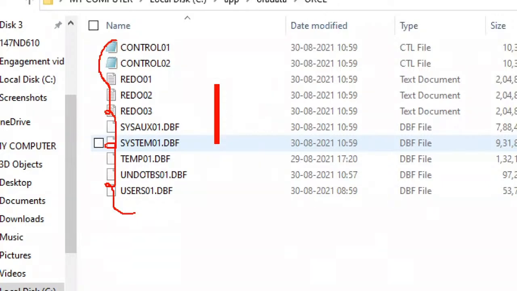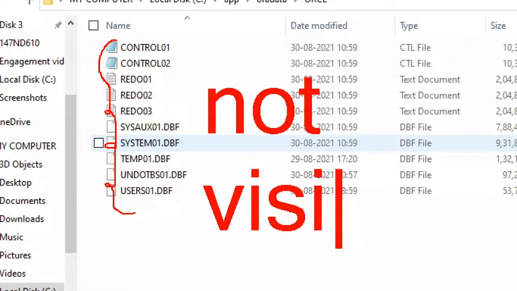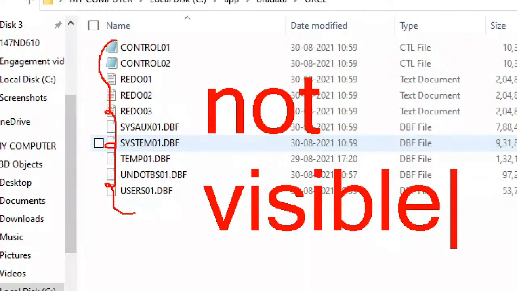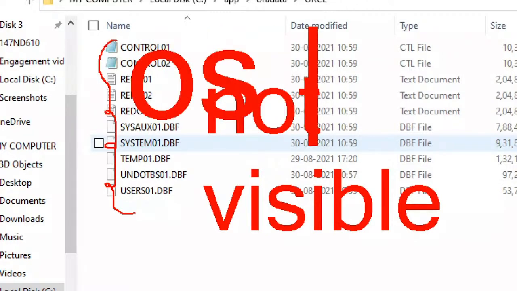I'm observing only in this location. But unfortunately, here, Z is a table I'm giving only. Is that table visible in the operating system or not visible? Very good. Not visible. That's why a structure which is not visible in the operating system, OS, is called a logical structure.